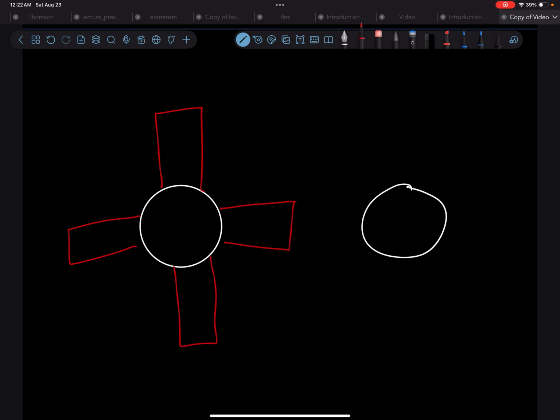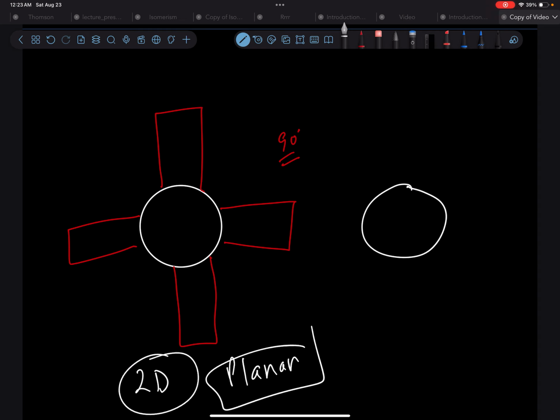They should be at 90 degrees to each other, right? But this is the scenario when you are working in 2D, or in the planar way. If the things are planar, then they would be like this. However, in chemistry, molecules have a three-dimensional arrangement around the central thing.